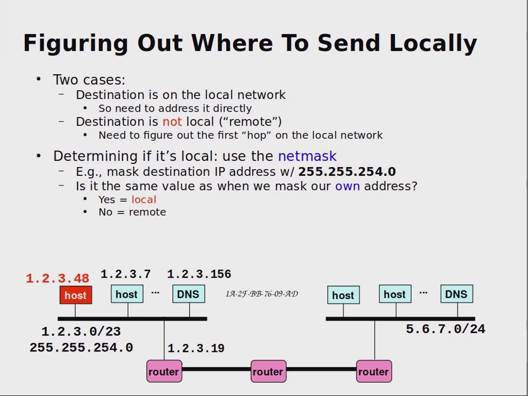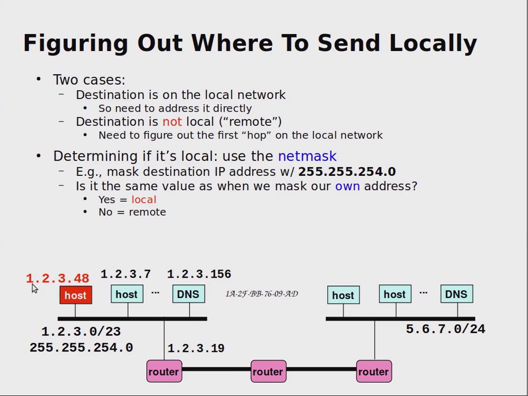And so this looks something like that. Here we have at least two different Ethernet segments, and the IP address ranges for these two segments are something like 123 something for one segment of the internet, and 567 something for the other part of the internet.